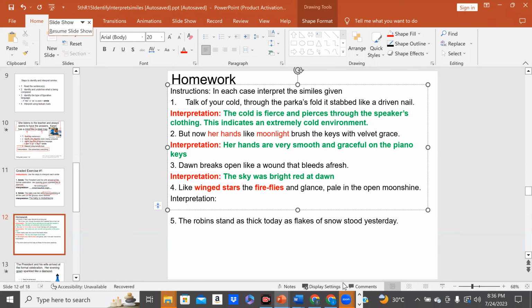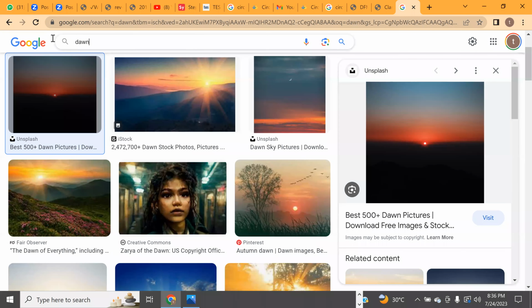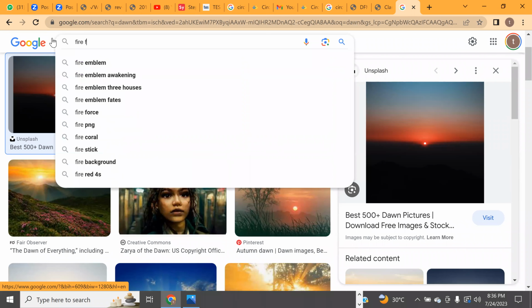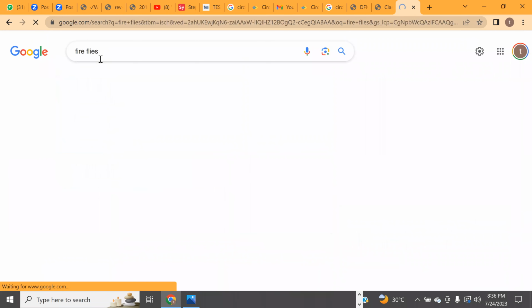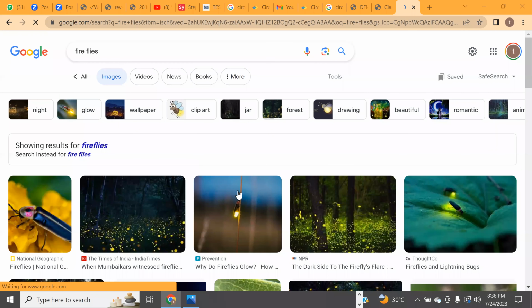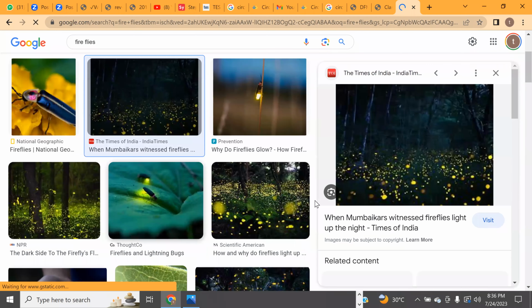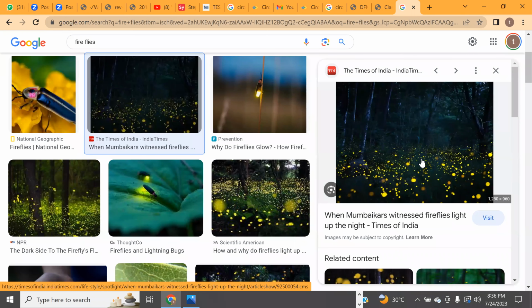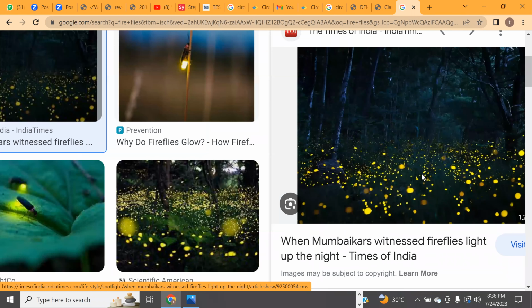All right. Let me show you imagery of fireflies. So these are fireflies, and they are definitely pretty. They're saying that these fireflies are like winged stars, right?